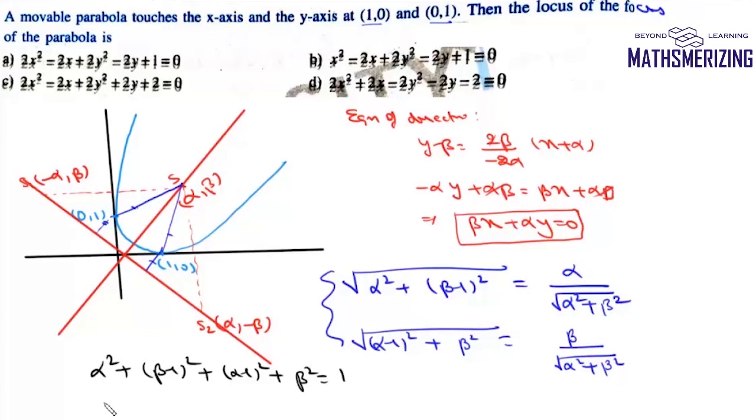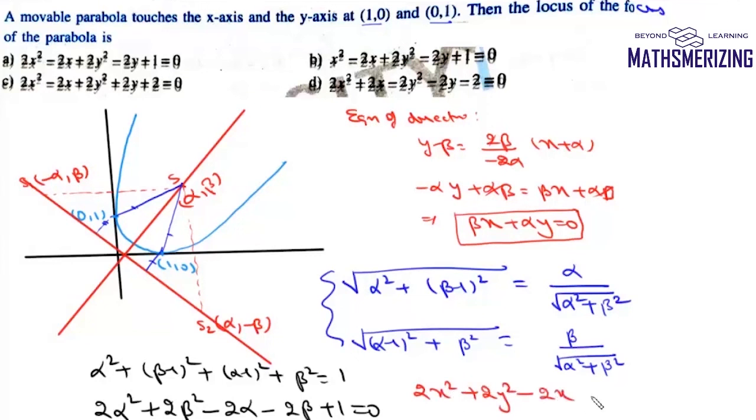So we can write this equation as 2 alpha square plus 2 beta square minus 2 alpha minus 2 beta, and this is 2 minus 1, so it will be plus 1. So the locus of the focus of this parabola will be 2x square plus 2y square minus 2x minus 2y plus 1 equals 0.